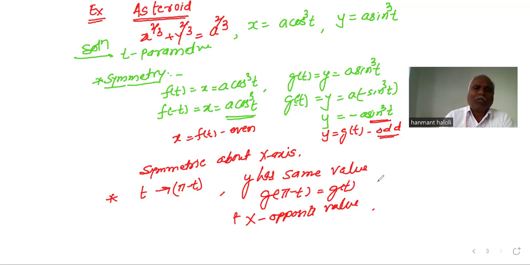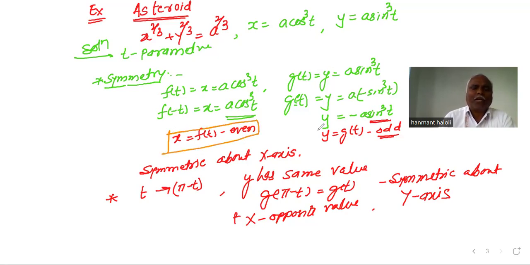Therefore, the curve is also symmetric about the y-axis.